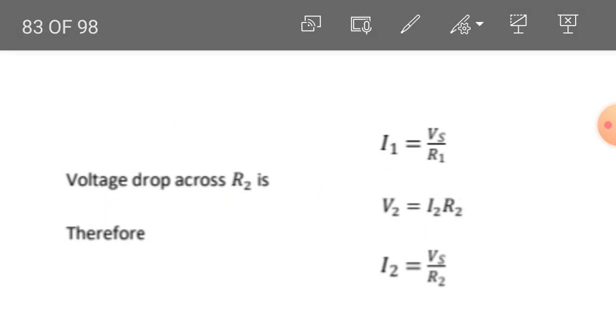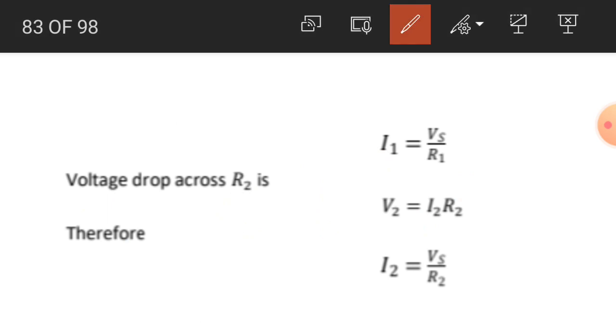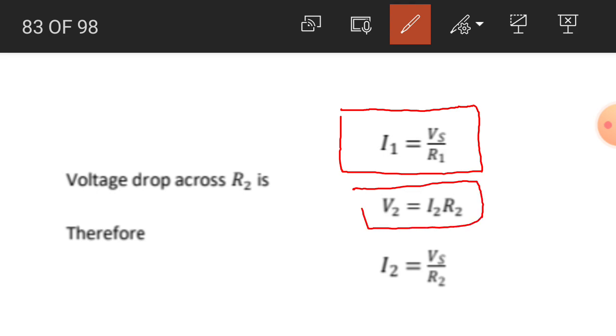We can calculate I1 with the help of this particular equation. The voltage across R1 divided by the resistance R1 will give you the current I1. We know that the voltage drop across the resistor R2 will be equal to I2 R2.